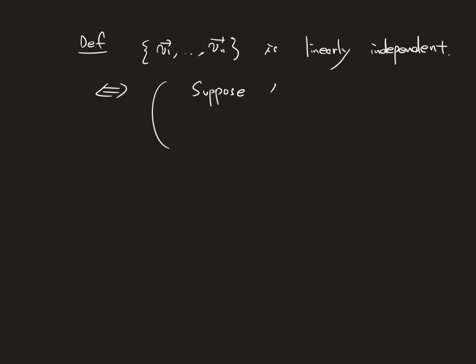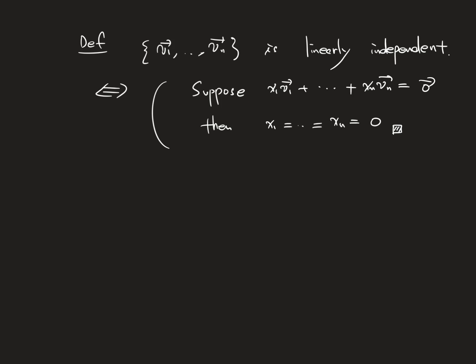Suppose x1 v1 plus and so on plus xn vn is equal to the 0 vector, and then the solution is just the trivial solution, x1 through xn equal to 0. Then we say the n vectors are linearly independent. Why is this true?